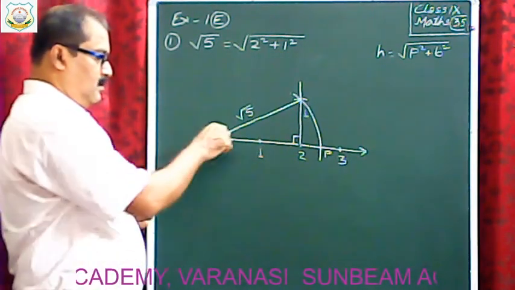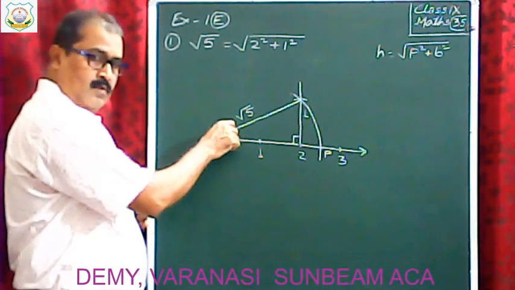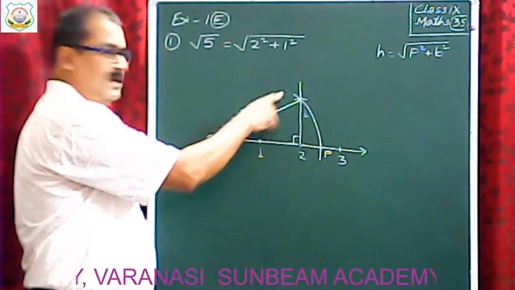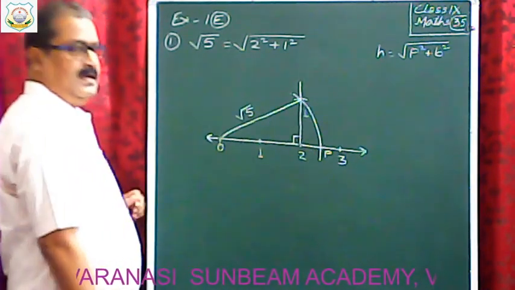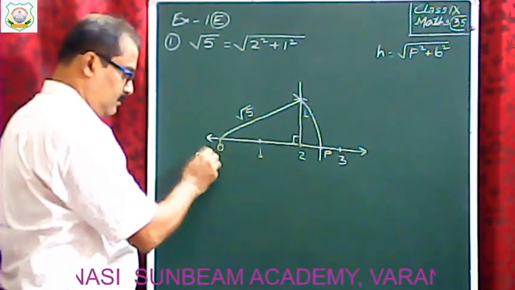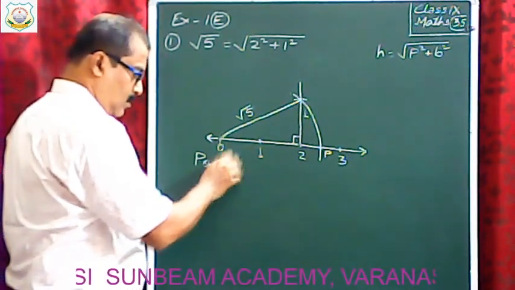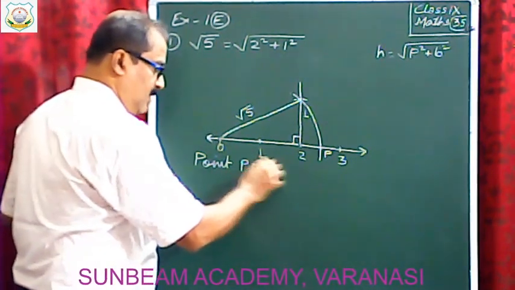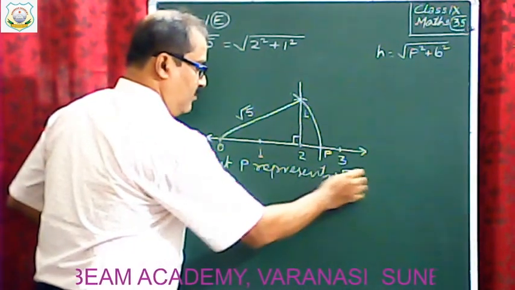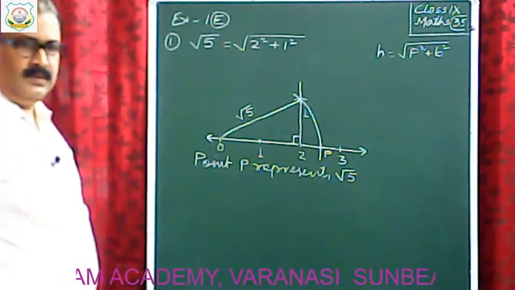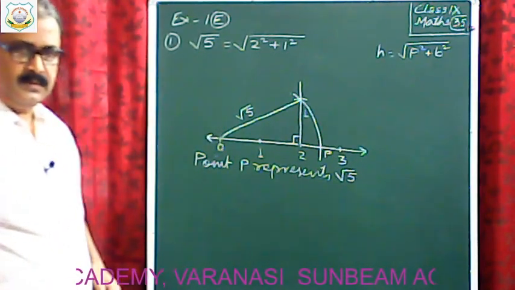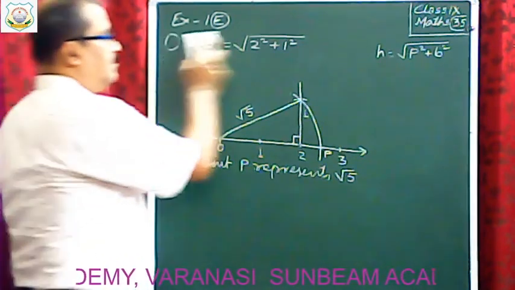So taking the point 0 as center and the length of the hypotenuse as radius, you have to draw an arc intersecting the number line at P, and that point P represents square root 5. Clear? So simple. Done, everybody? Come to the next.